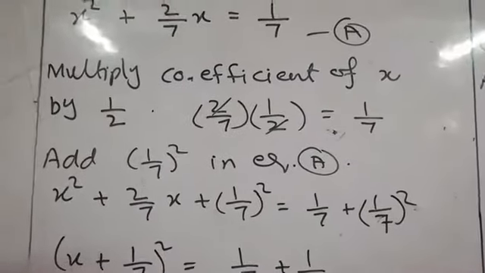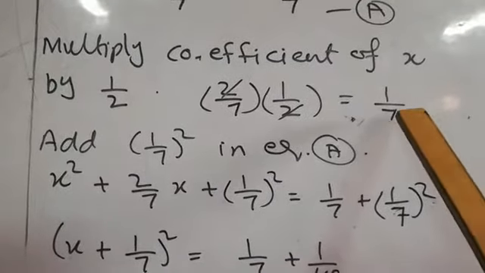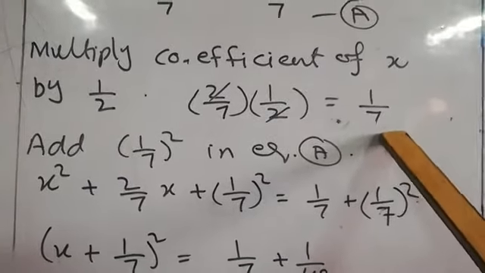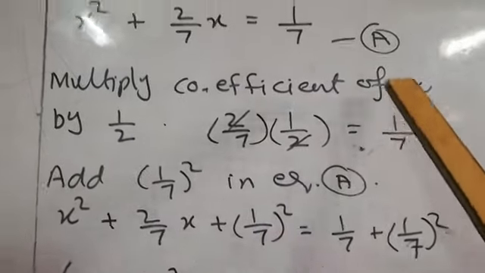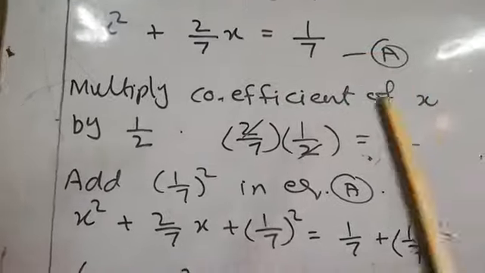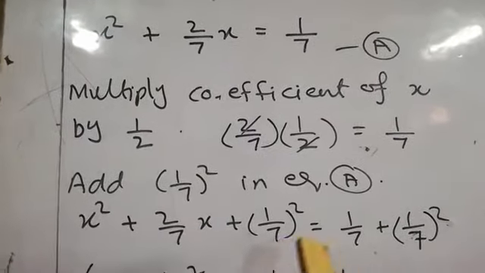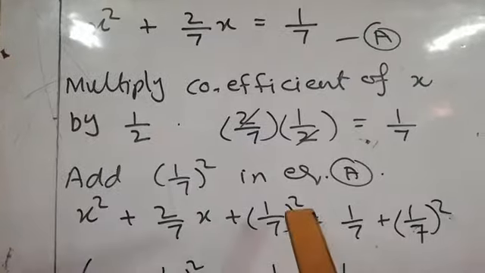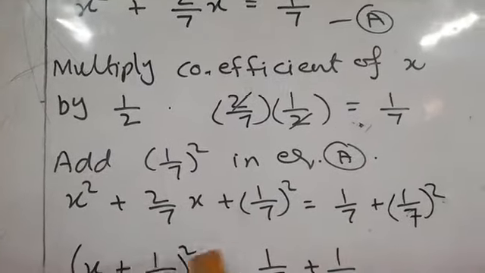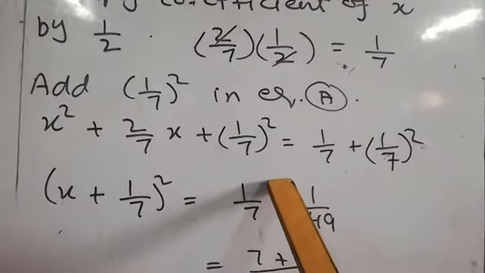In this step, you can observe that this is the 1 by 7. So we will add the square of 1 by 7 to that equation on both sides. So by adding this 1 by 7 square on both sides, we will get x square plus 2 by 7x plus 1 by 7 whole square.